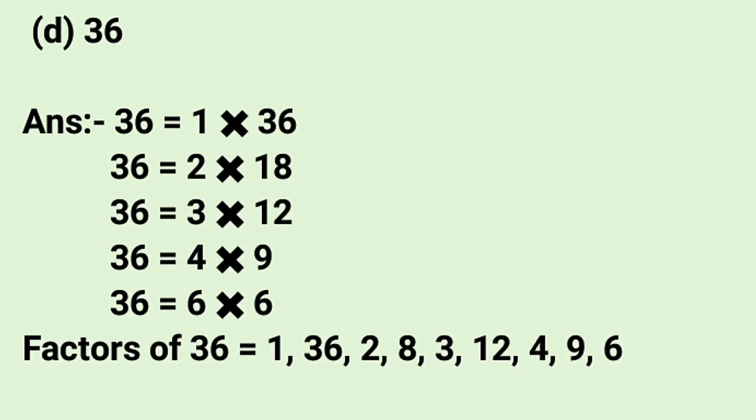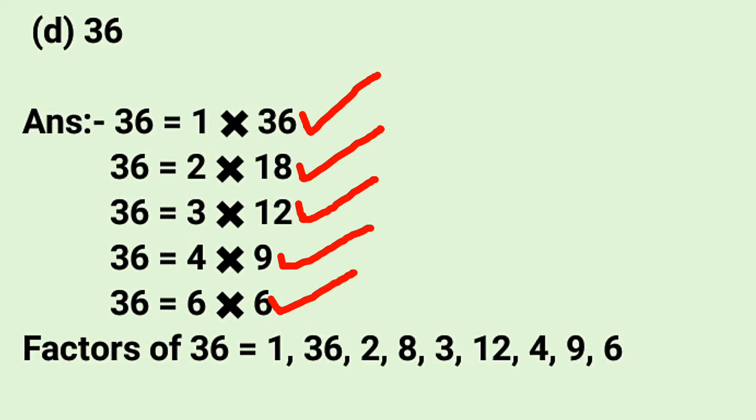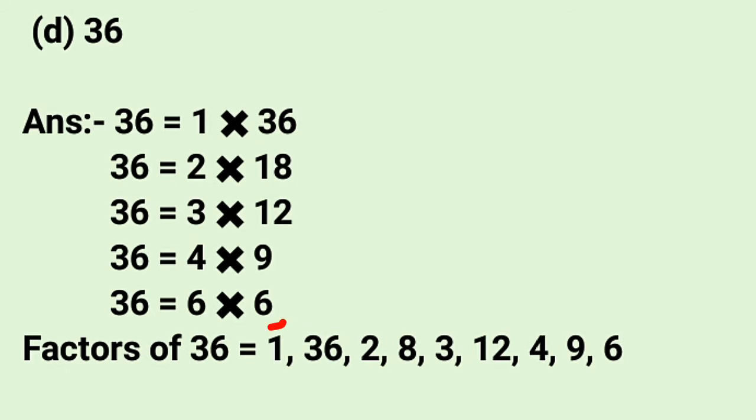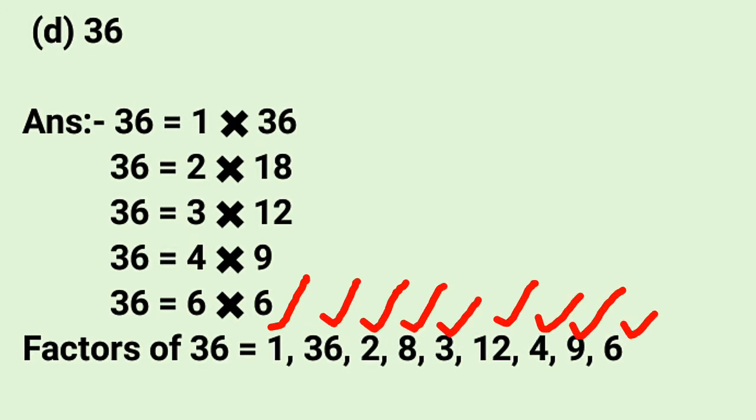Here 36 is equal to 1 into 36. 36 is equal to 2 into 18. 36 is equal to 3 into 12. 36 is equal to 4 into 9 and 36 is equal to 6 into 6. So factors of 36 are 1, 36, 2, 18, 3, 12, 4, 9 and 6. We will not write 6 two times, right?